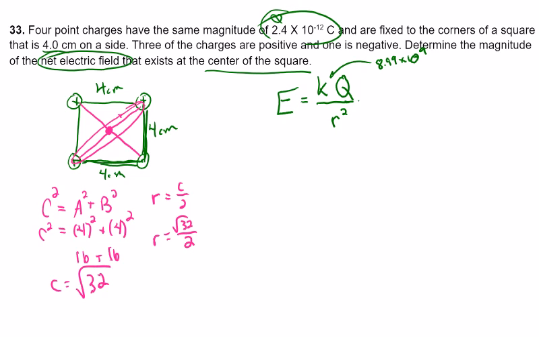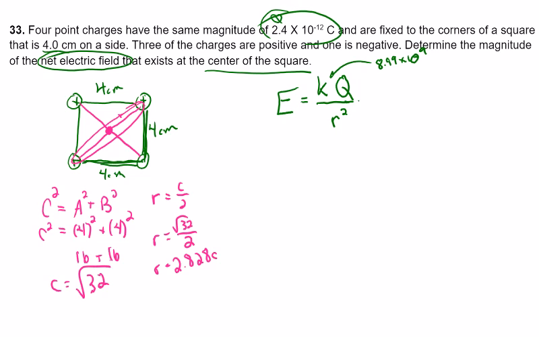Now, thinking of that, I could actually plug this into a calculator and find that value. We could do it a couple of different ways. We know that 32, we can pull out 4, things like that. I'm going to go ahead and find a decimal equivalent. So I'm going to take the square root of 32, divide it by 2, and I get that this value is about 2.828.